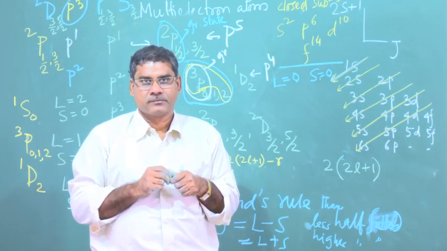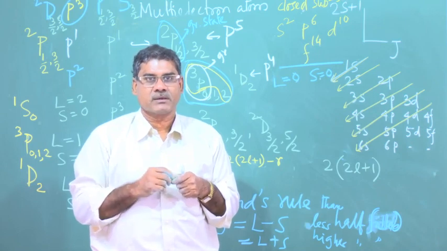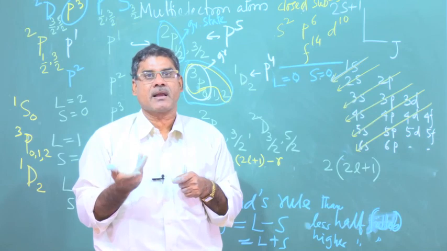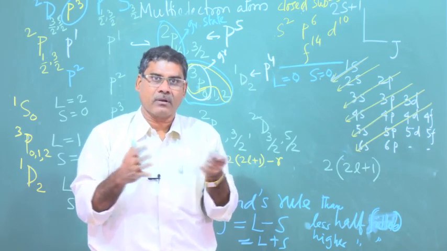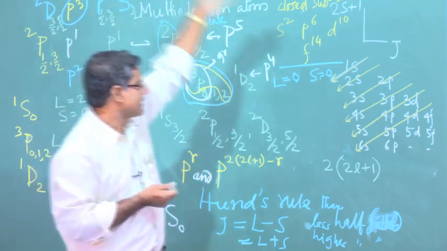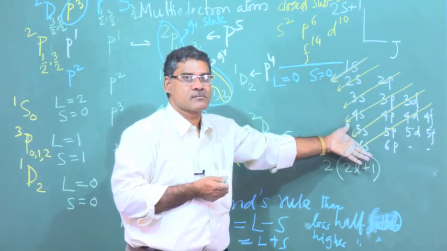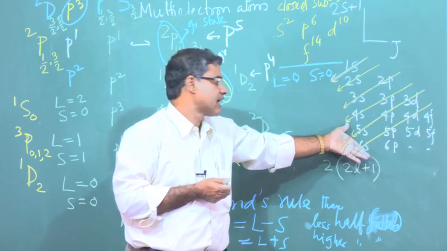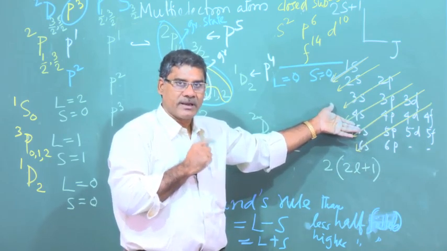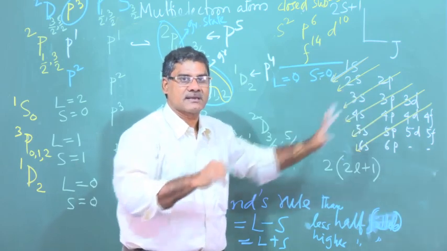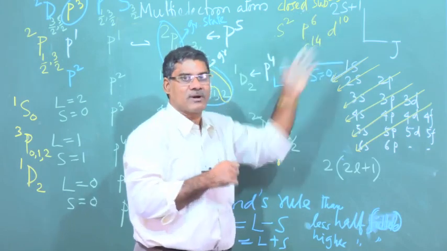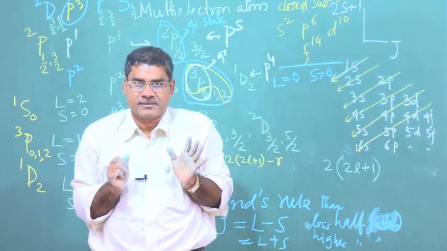Say chromium has 24 electrons, copper has 29 electrons. For all atoms, first you take the electronic configuration of that atom, 1s2, 2s2, 2p6, etc. Then closed subshell LS values are 0, so neglect them.